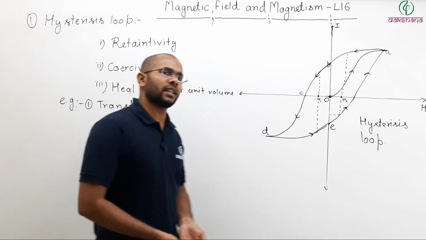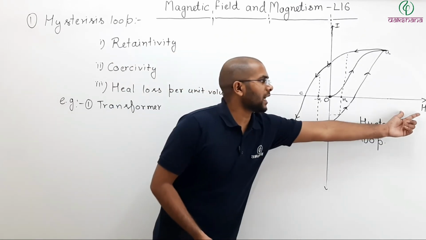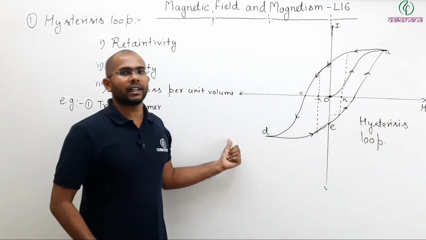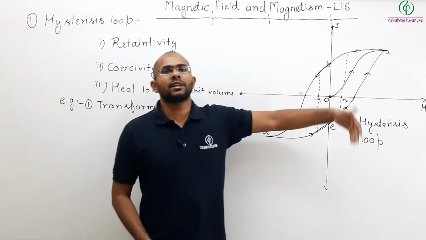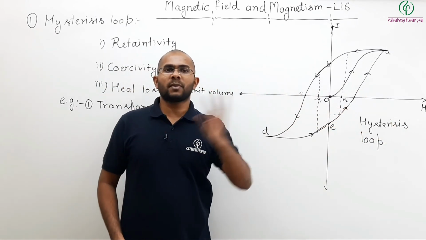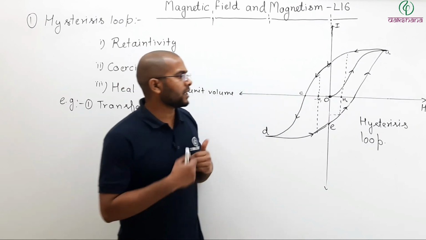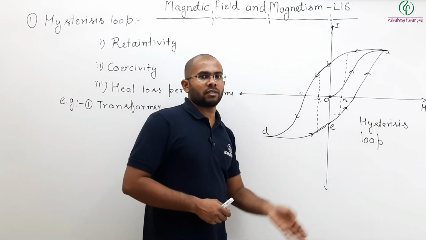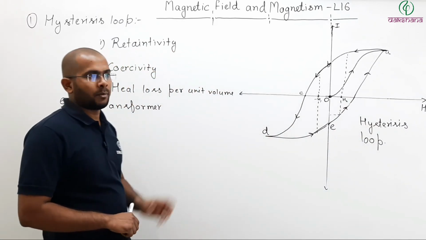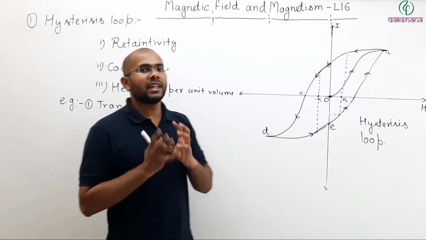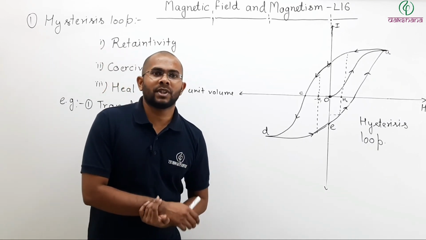And if the AC current is flowing, the value of H will continuously change from positive value to negative value, because H directly depends on current, and current value goes plus minus in AC current. So if in AC current H is quickly fluctuating between positive and negative, then the core of the transformer should be easy to demagnetize.